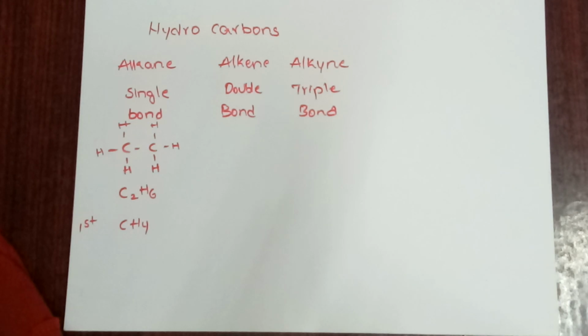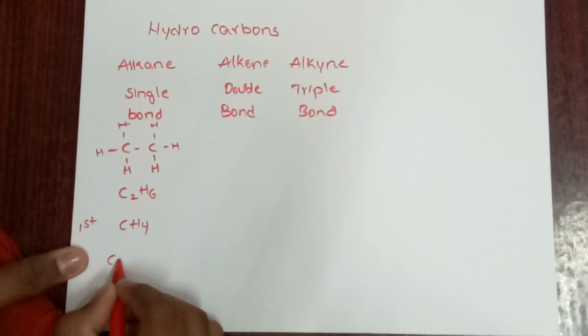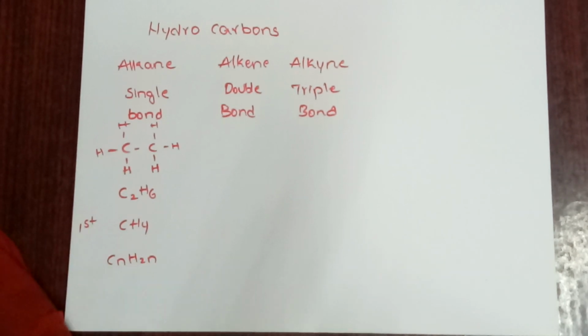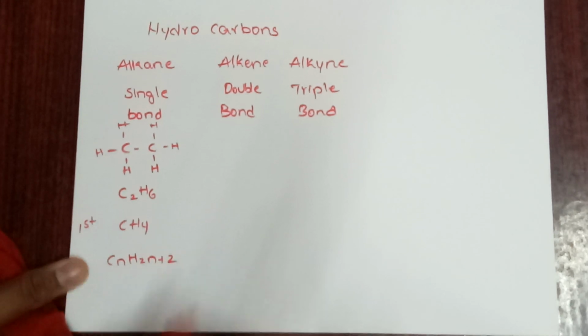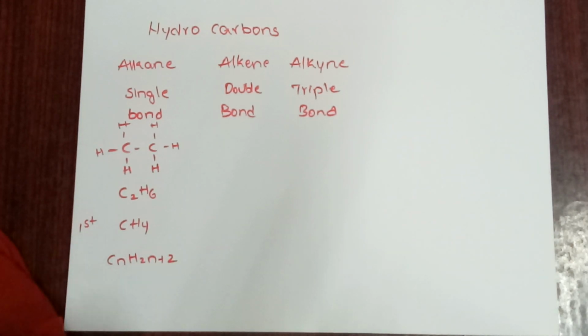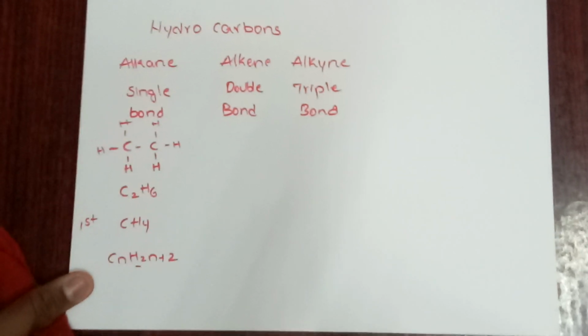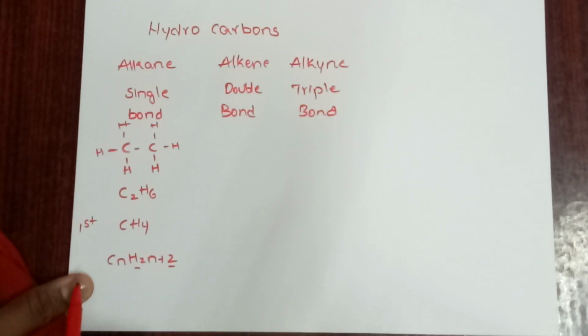Many scientists were confused about how to determine what is alkane, what is alkene and what is alkyne. So for that they invented a general formula. What is the general formula for alkane? For alkane the general formula is CnH2n+2. Simply, the number of hydrogen atoms is twice the number of carbon atoms, plus 2, in an alkane.